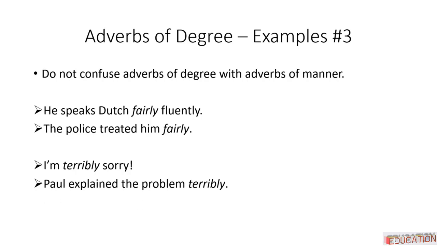So in the first example, the I'm terribly sorry is showing the degree to which he is sorry, how sorry he is. Whereas in the second one, it's an adverb of manner, where it's explaining how he explained the problem. In other words, not very well.